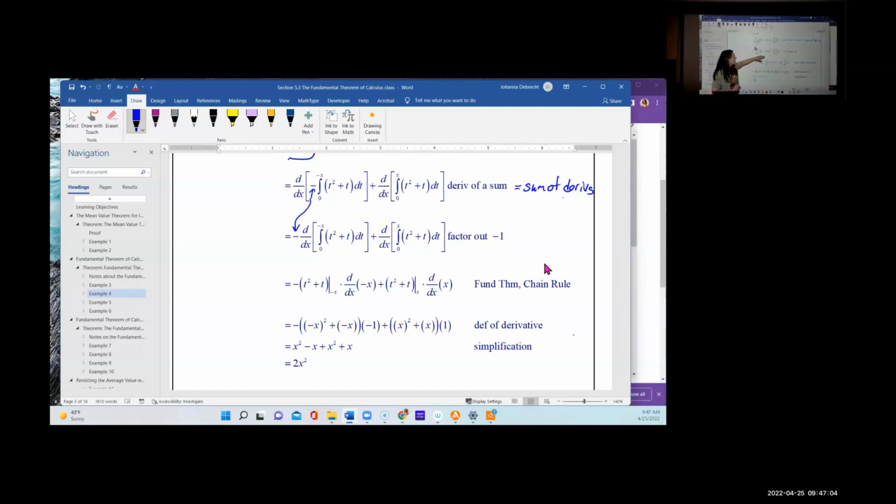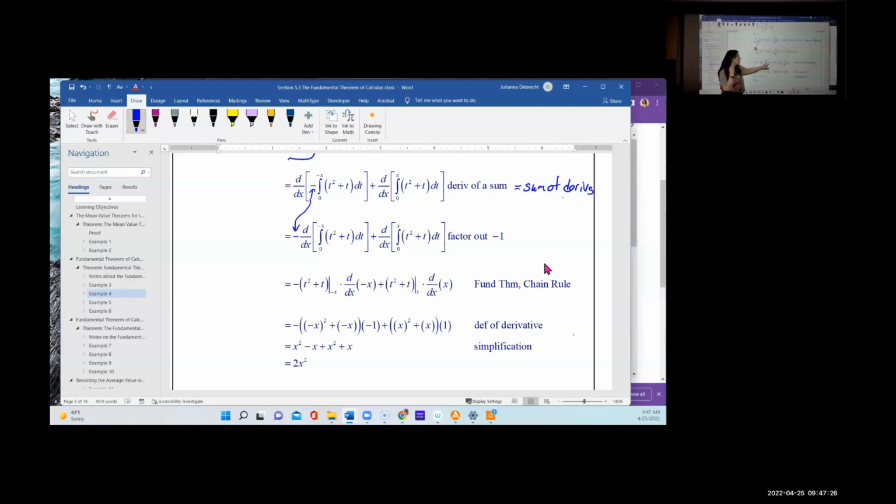In the next step, I apply the fundamental theorem of calculus using the chain rule. So my integrand function is t squared plus t. I take the t squared plus t and I substitute negative x in place of t. That's what that long vertical bar with the negative x means.